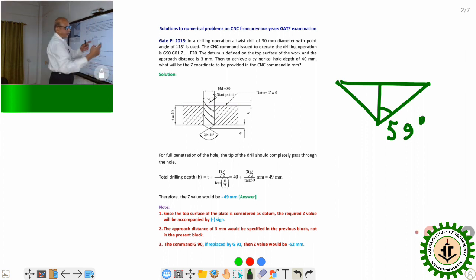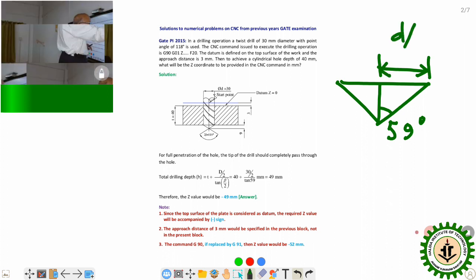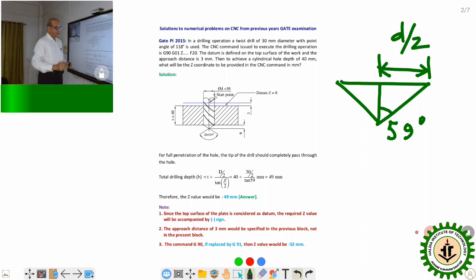Now this is the diameter. So half of this will be d by 2. So we are supposed to calculate this much, right? From the geometry of this drill tip, it can be very easily calculated.